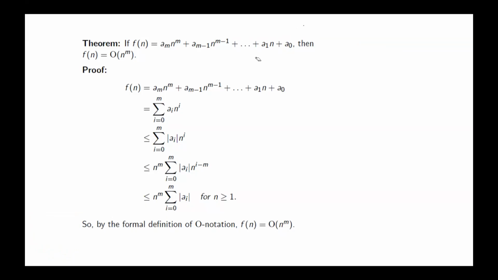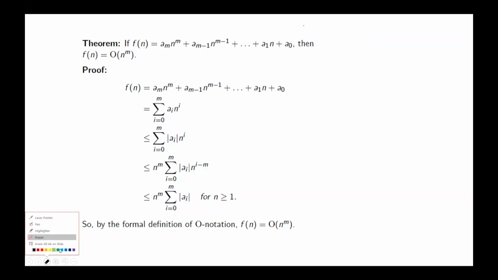So how to prove this? Is this correct? First of all, what does it say? If we are given a polynomial whose degree is at most m. Here we don't know am. It can be even 0 also.